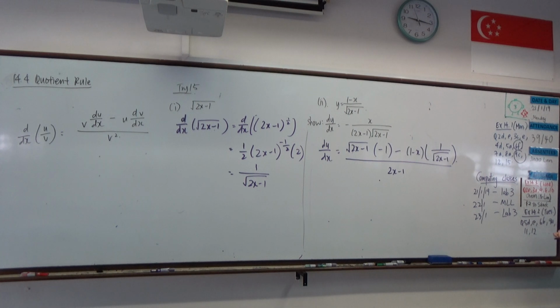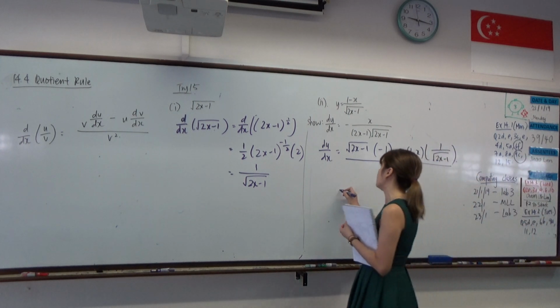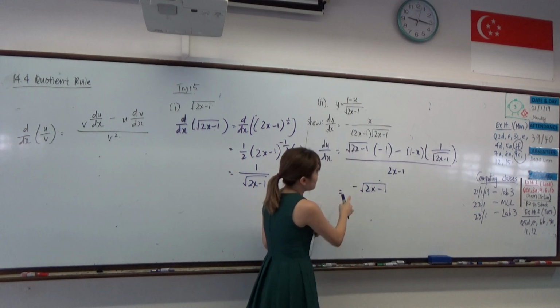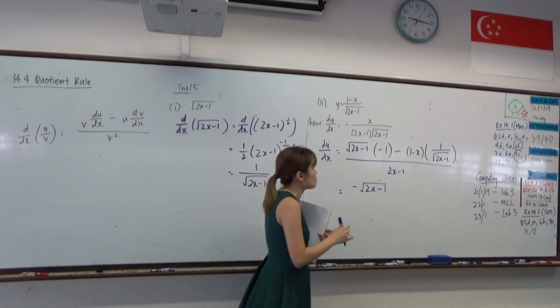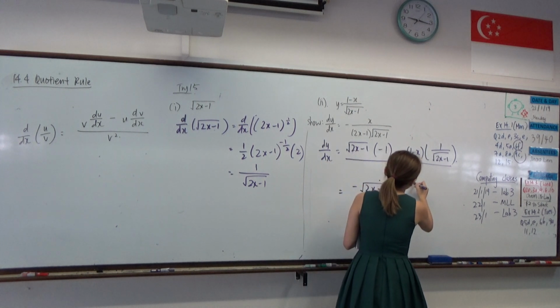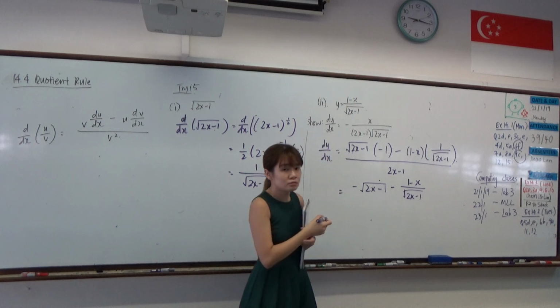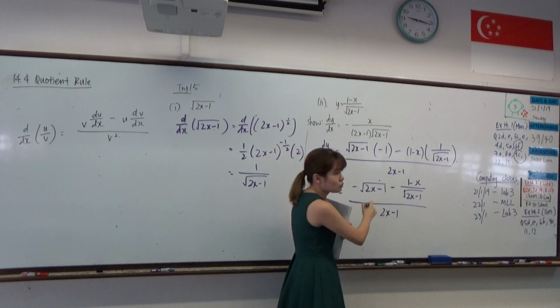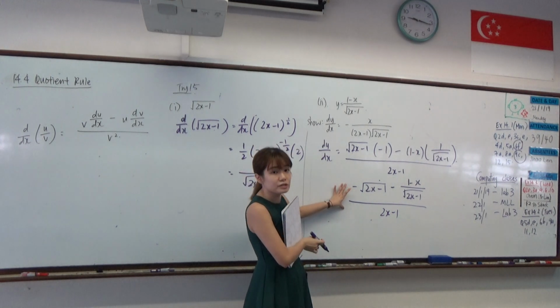So at this point here, it might get a bit algebraically challenging depending on how strong you are. So this one we simplify, we'll get negative square root 2x minus 1. Then after over here, you could write it into a fraction. I don't suggest that you squeeze all this into one single line of your full step now.